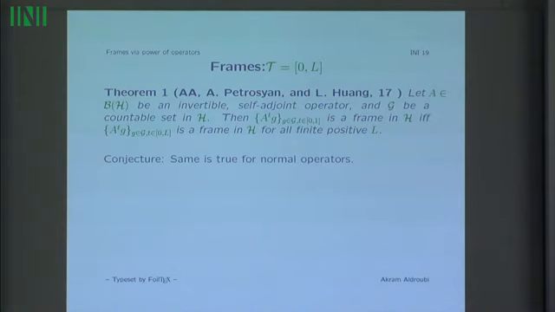Anyway, we were able to prove this result for the case of self-adjoint operators. We believe the same is true for normal operators. We don't know for sure. We have no proof. So here is one thing if you want to help us.